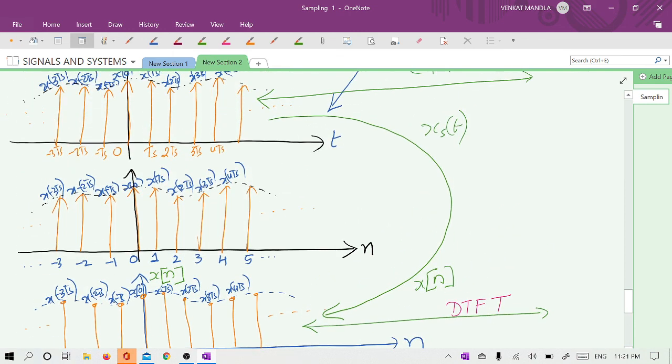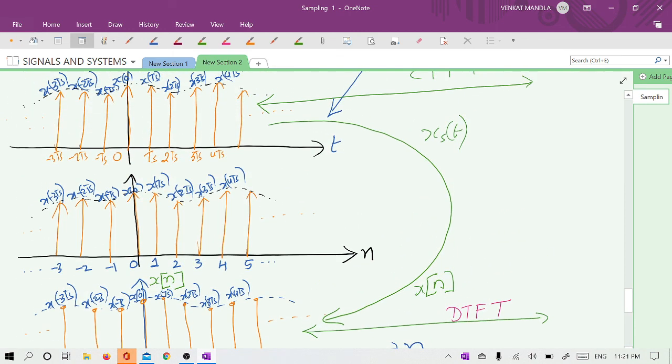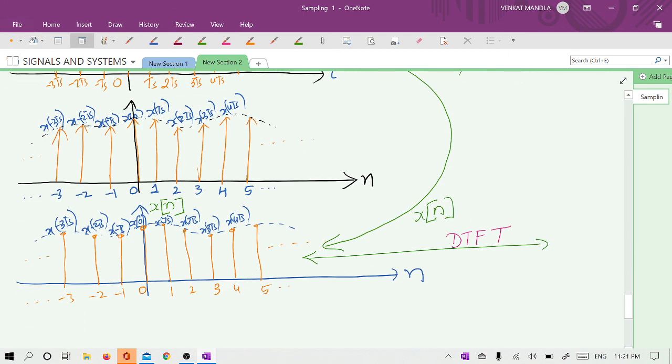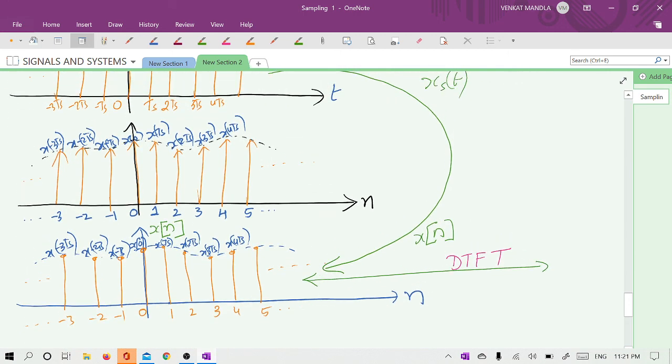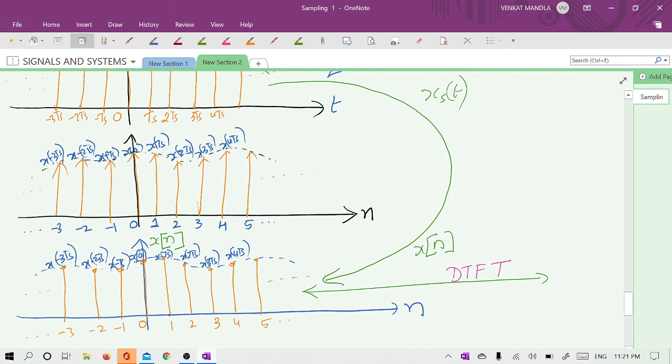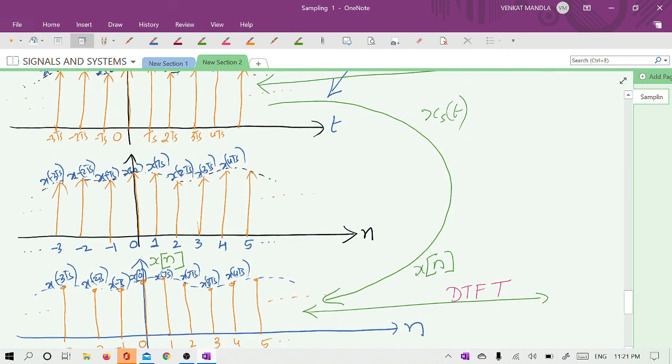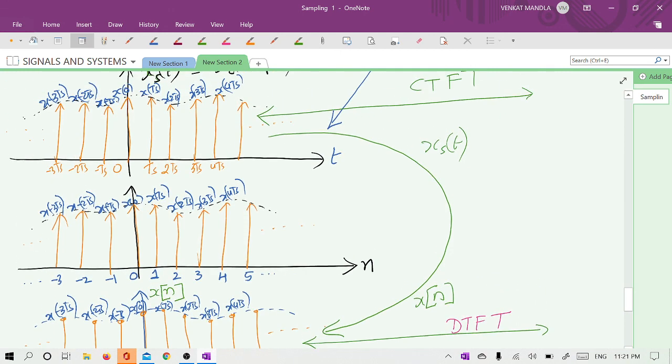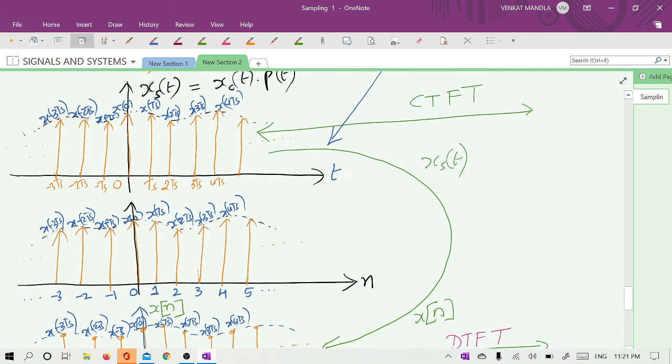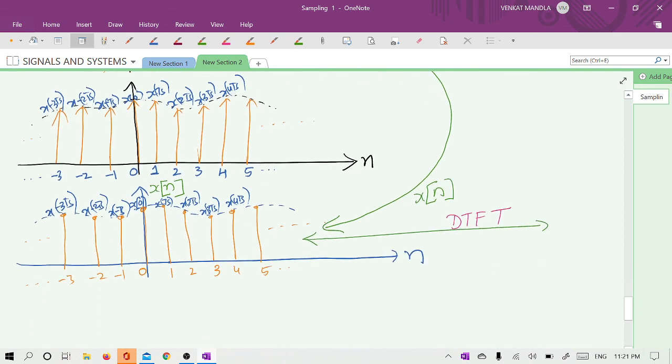So from xs of t to x of n, we have not lost any information. Both are the same, xs of t and x of n. But xs of t has the frequency domain representation CTFT, and x of n has the frequency domain representation DTFT.